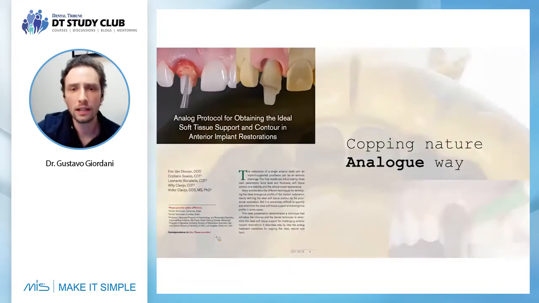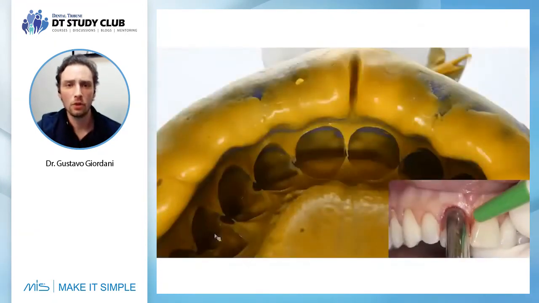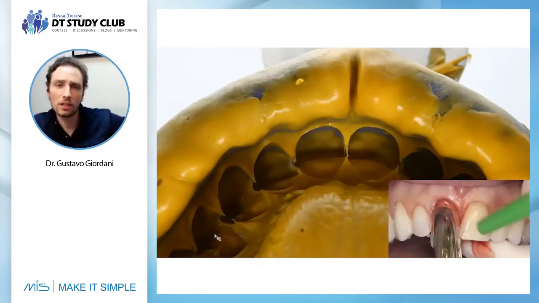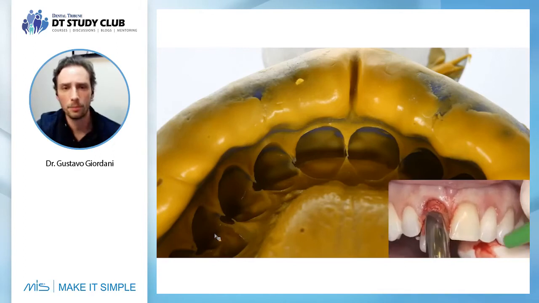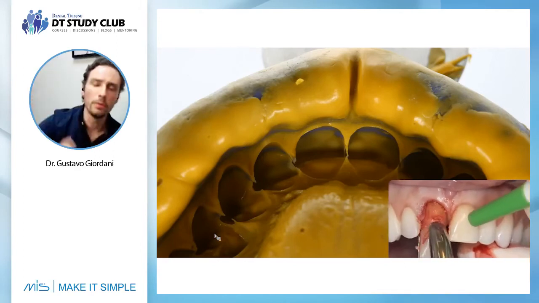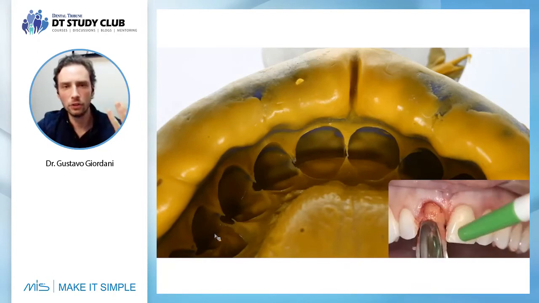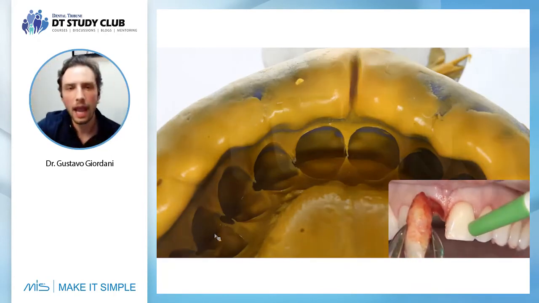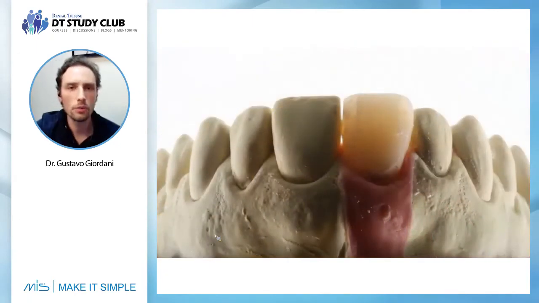So let's understand how Eric described this. The first thing you need to do when you go for the extraction is to take a silicone impression. Then you just remove the tooth, and you're going to have the tooth and the model. You put the tooth inside the model, and you give it to your technician to pour the model.